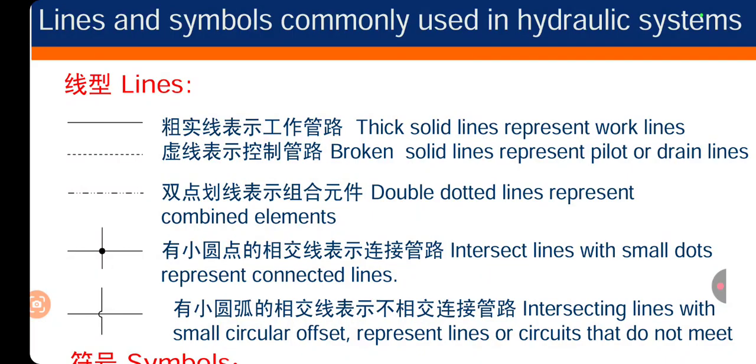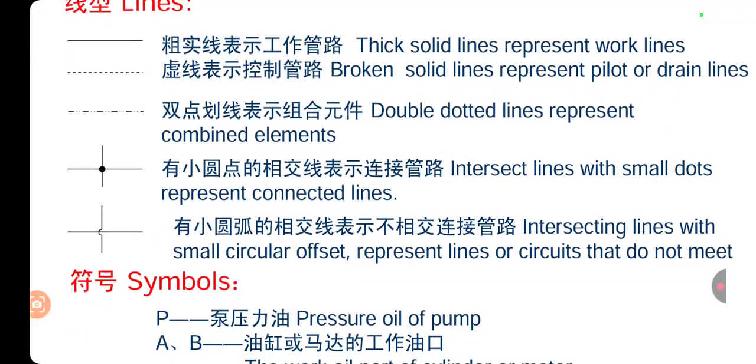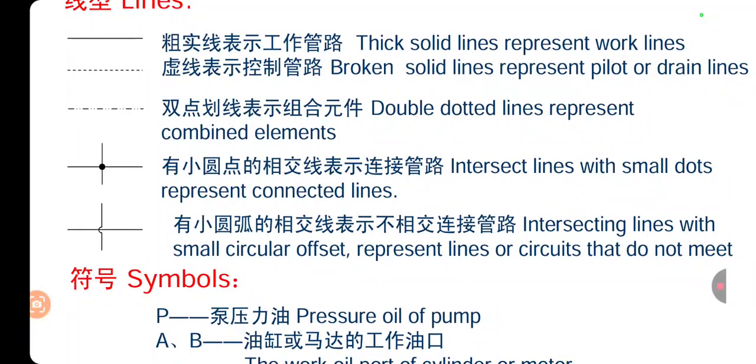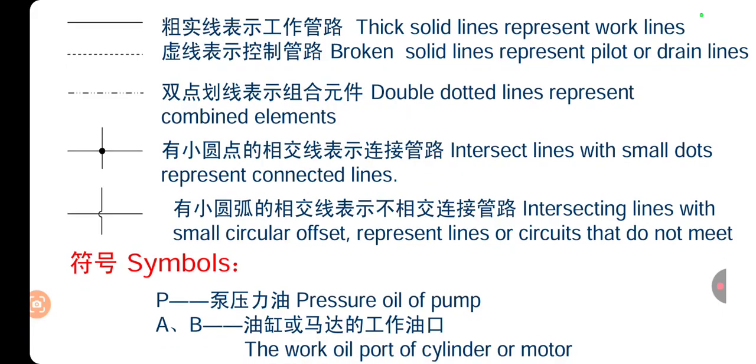Normally a double dotted line represents combined elements. And intersecting lines with small dots represent connected lines. Means if, for example, there is a T, or two different lines which intersect at a single point, we will indicate it with a small dot between the two lines.